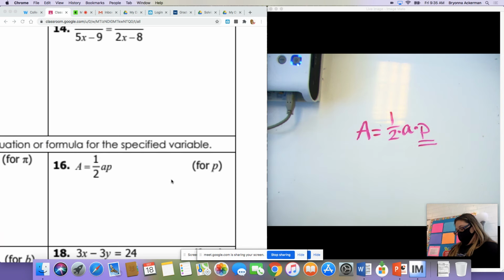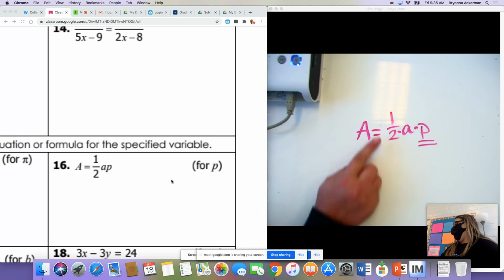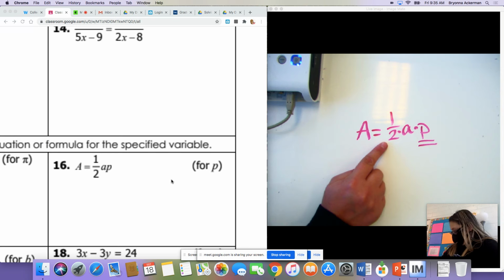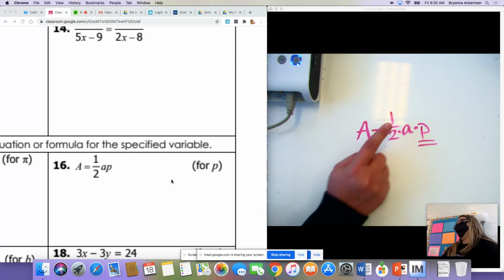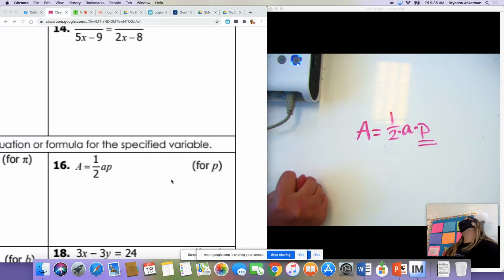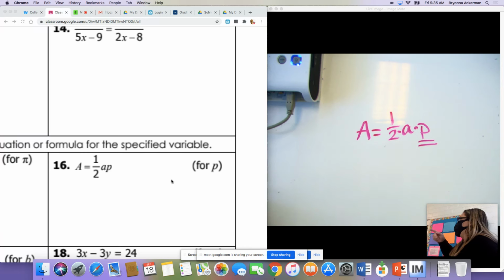So in this case, how do I get rid of a fraction? Like if I multiply by what, it'll get rid of this fraction? Its reciprocal, which in this case is 2, because if I flip 1/2 over, it's 2.